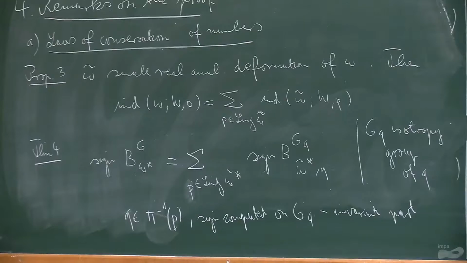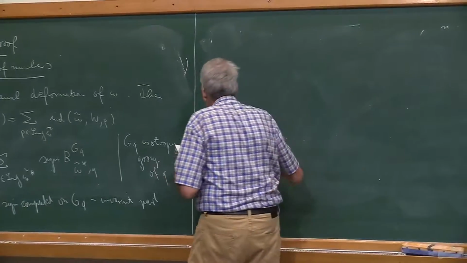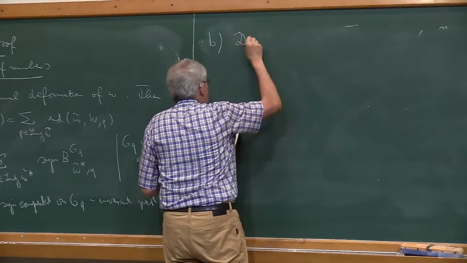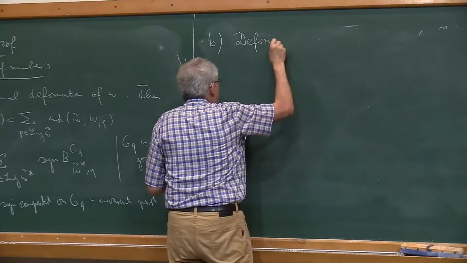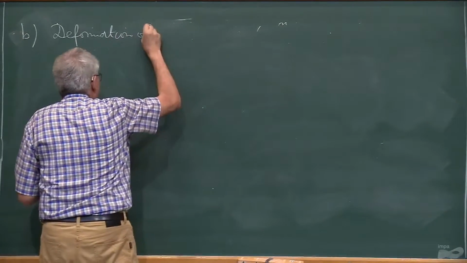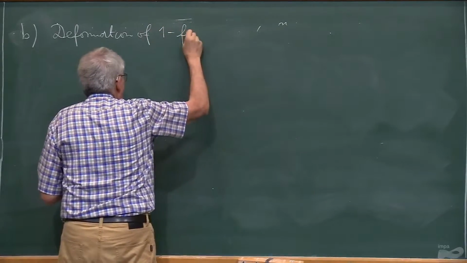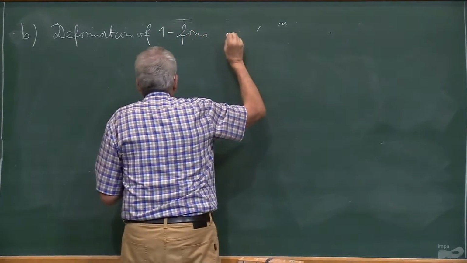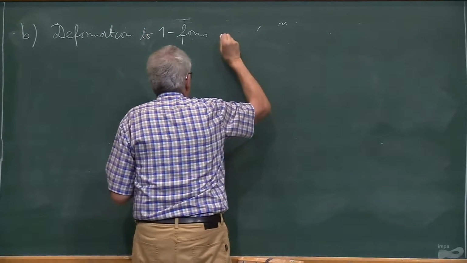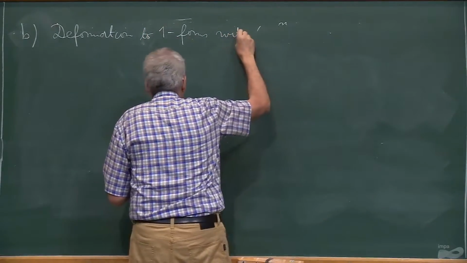So the second ingredient is a deformation of one forms with only non-degenerate singular points.